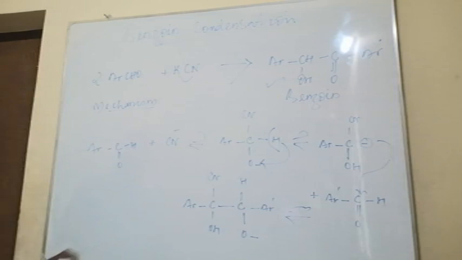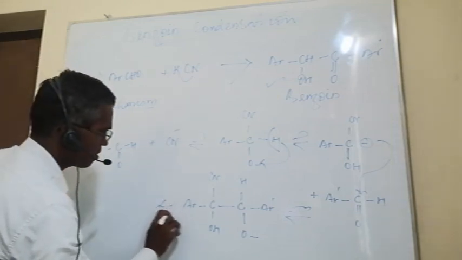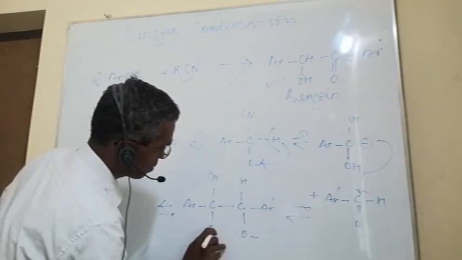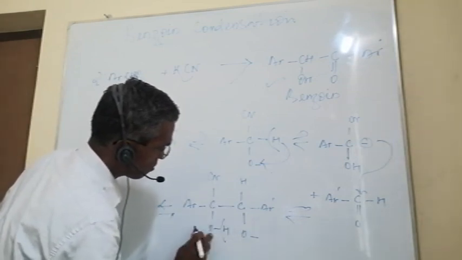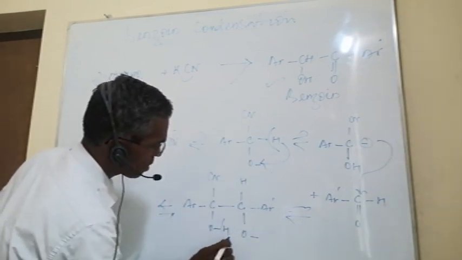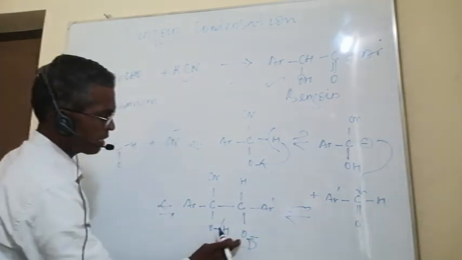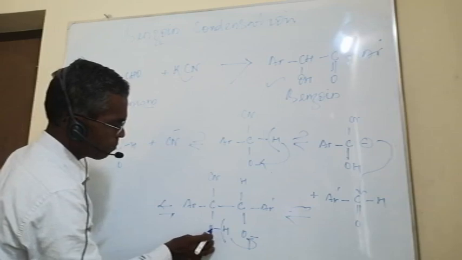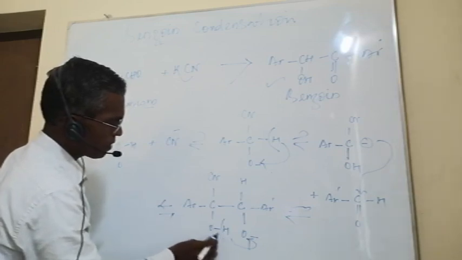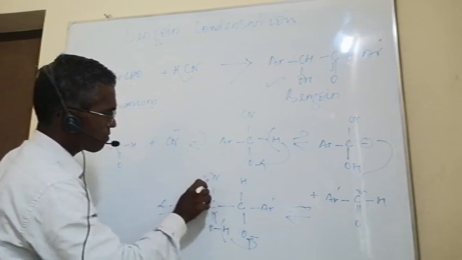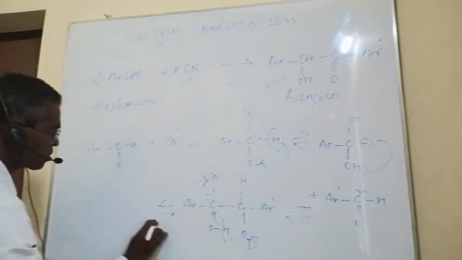Yes. And once this is formed, in the next step the proton of the OH will be removed as H plus, and this will join with this O minus, converting the O minus into OH, and the bond left over after the removal of this proton will move in between these. Simultaneous removal of CN as CN minus takes place.